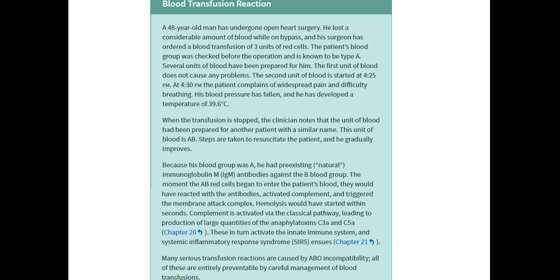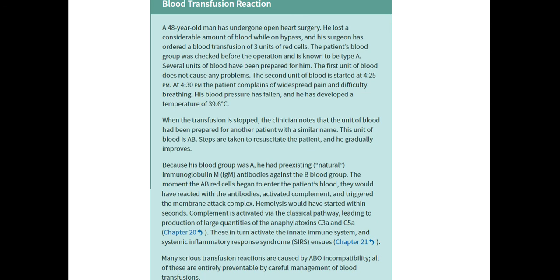Increased body temperature is very, very important. The first action when you see any signs and symptoms is to stop the blood transfusion immediately. Then you have to monitor the patient, taking, as I said, urine specimens and looking for hemoglobin.